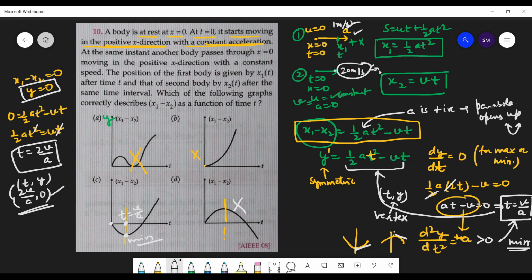because this is constant. And here the velocity is increasing. So initially, because this is moving with 20 meter per second, so it will be ahead. Yes?